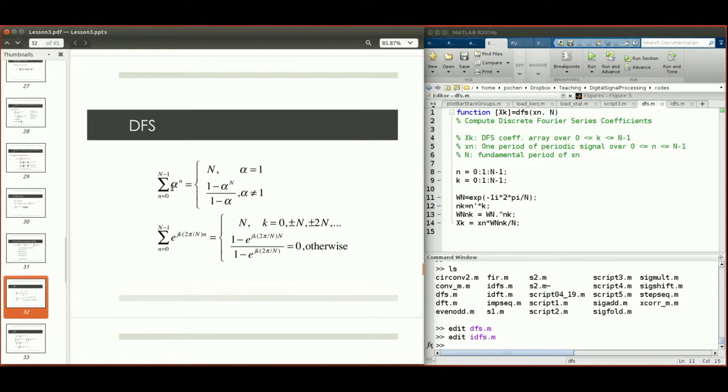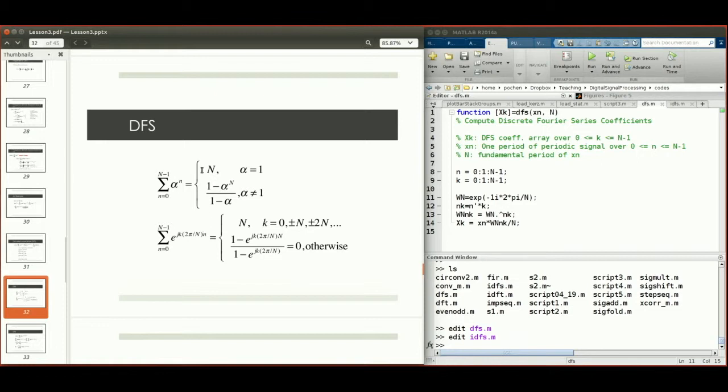And what exactly is alpha in this formula? Alpha is e to the jk 2 pi divided by big N. So alpha to the nth power becomes e to the jk 2 pi divided by big N times n.